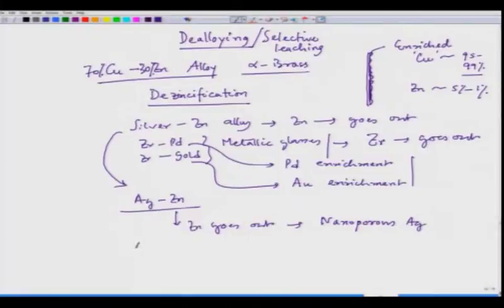For example, Au silver, Ag goes out in the solution and it leaves nanoporous Au. So, these things can be used as a very good catalyst. So, this is a positive sense in which we can make use of de-alloying or selective leaching. This is another form of corrosion.